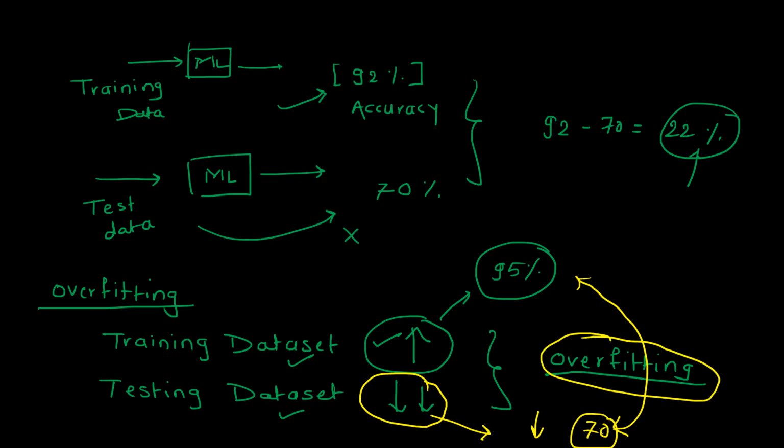Let us talk in terms of a graph. I will show you one graph to make the concept clearer. Let us say I have some data points like this with me, and our model is predicting the values.